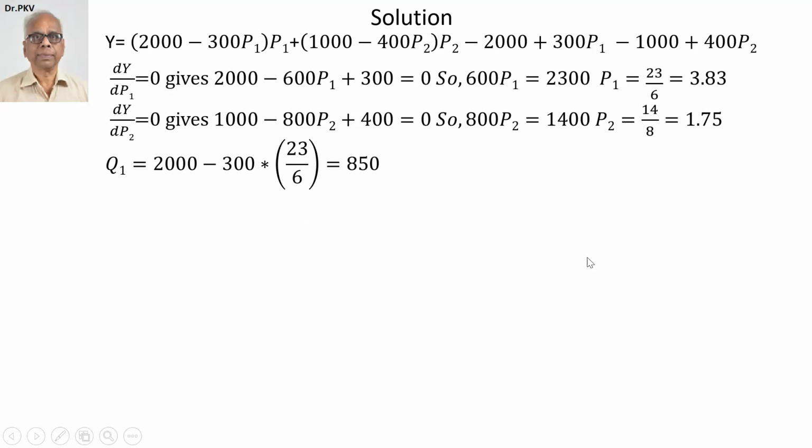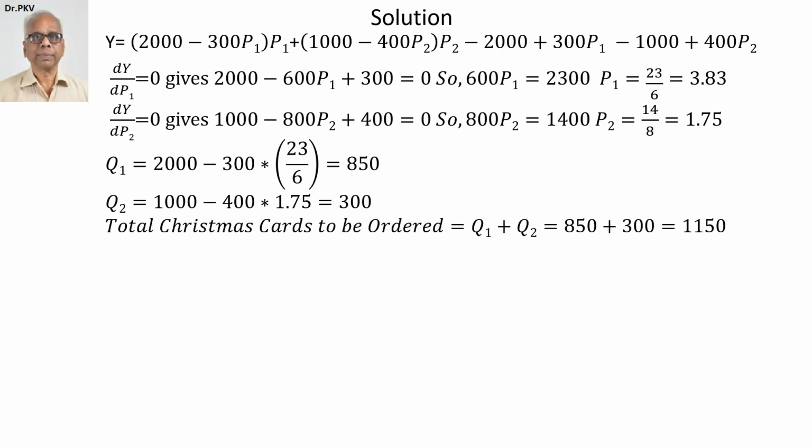This will give us 850. Q2 is equal to 1000 minus 400 P2 into 1.75. This will be 300. So the answer will be Q1 plus Q2, total Christmas cards ordered, will be 1150.